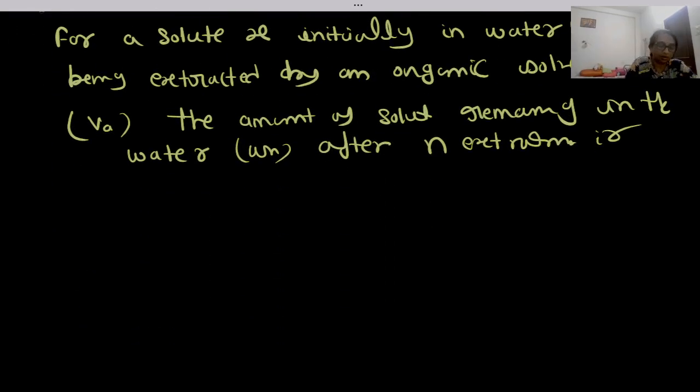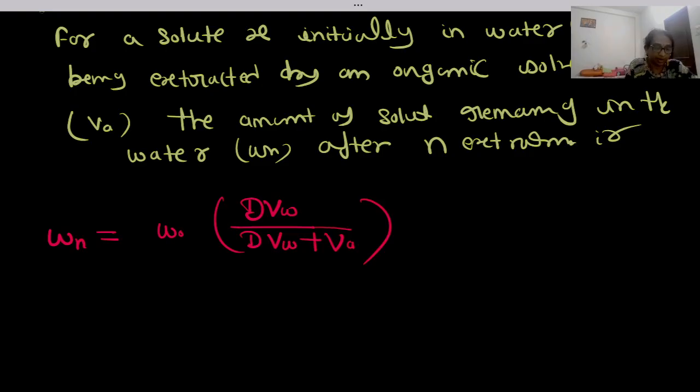What is the formula for this? तो WN रिमेनिंग जो कॉन्सेंट्रेशन है एक्सट्रैक्ट वो क्या होगा? Wn is equal to W0 times (D·Vw divided by D·Vw plus Va), right?